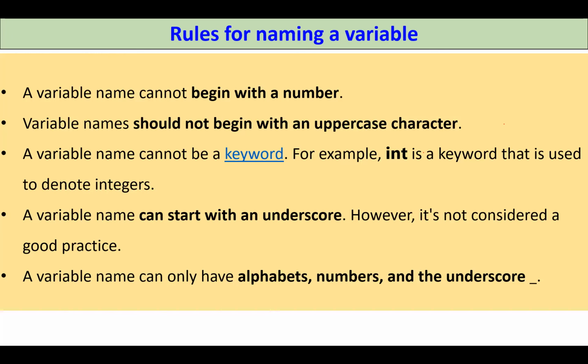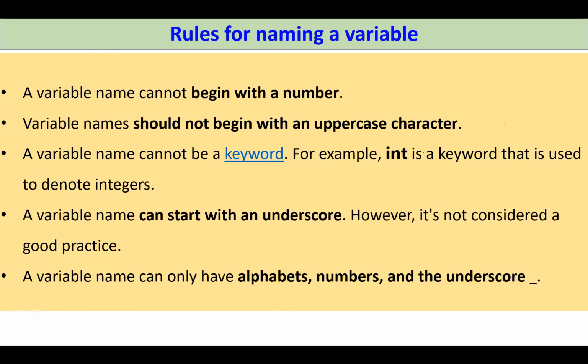Normally these special symbols you can't use in a variable name, but underscore is allowed. You can start with the underscore symbol. However, it is not good practice. It is okay, but when you are giving names for variables, try to avoid underscore as a starting point.